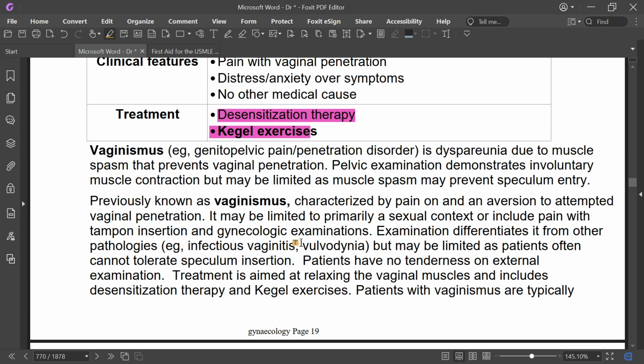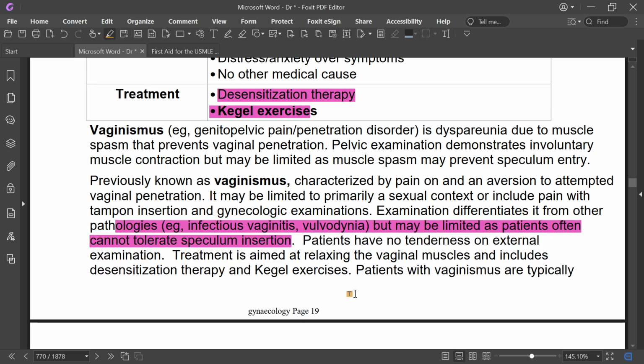It may be limited primarily to the sexual context or include pain with tampon insertion or genital or gynecological examination. Examination differentiates it from other pathology like infectious vaginitis and vulvodynia, but may be limited as the patient cannot tolerate speculum insertion.